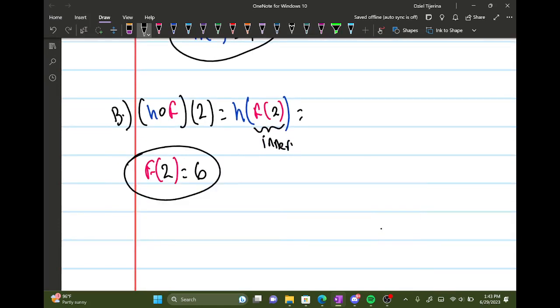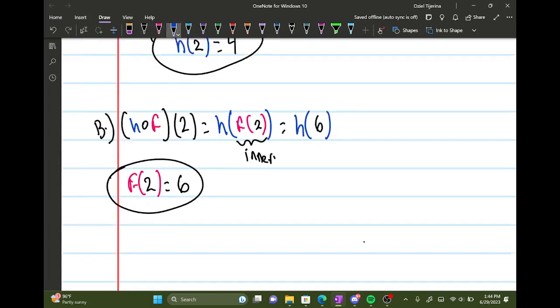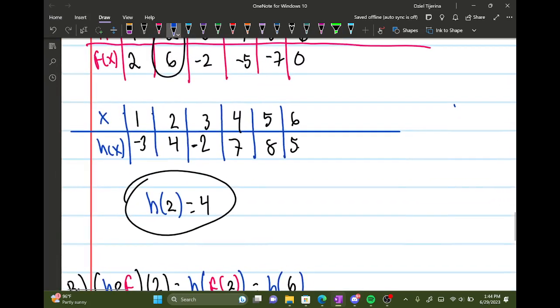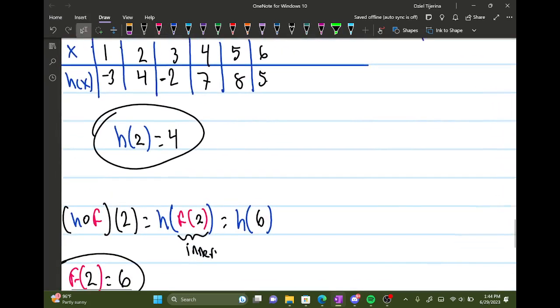And now we're going to put this in for this here. So that means that h of f of 2 is really going to end up being h of 6. And then we need to see what h of x is when x is equal to 6.